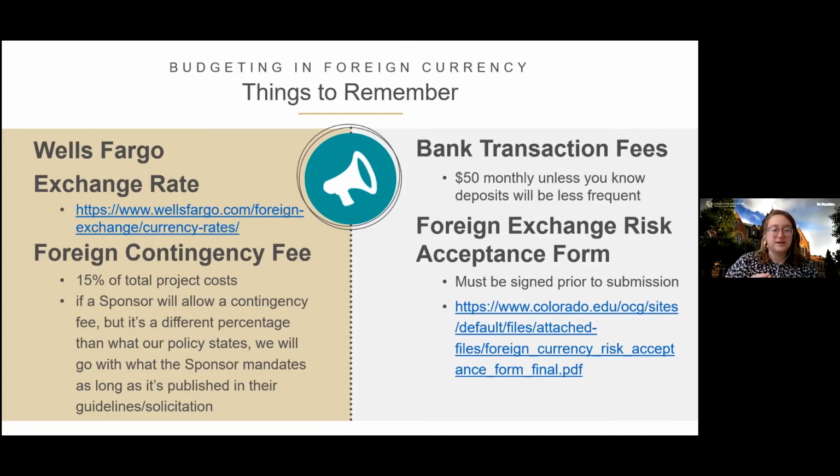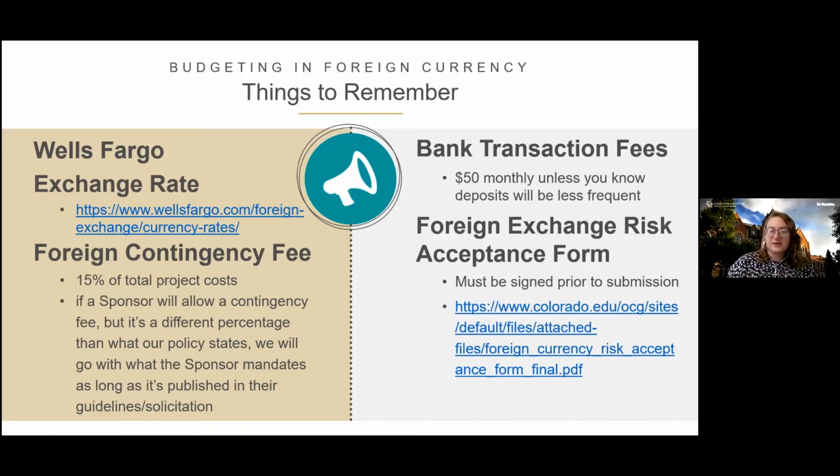If we have a sponsor that allows a contingency fee, but not at 15%, we will accept that. We just need to make sure we have documentation of that difference. So we need their policy, or we need an email from their contract officer that we're also going to put in InfoEd as documentation of why we made the choices that we made on the budget.